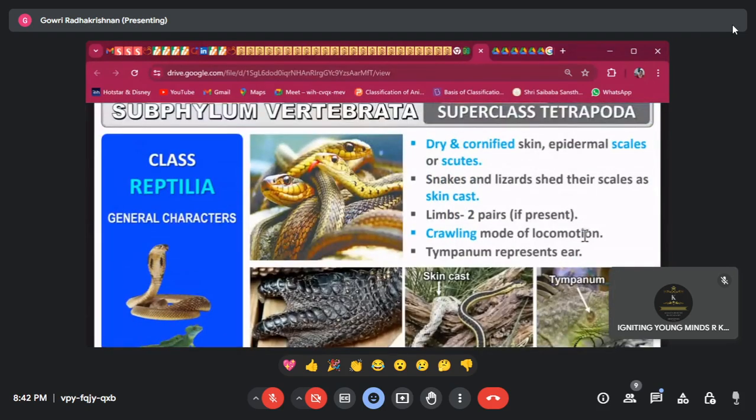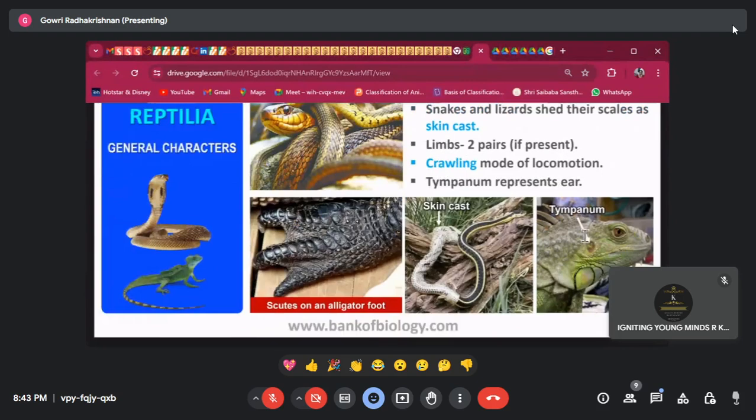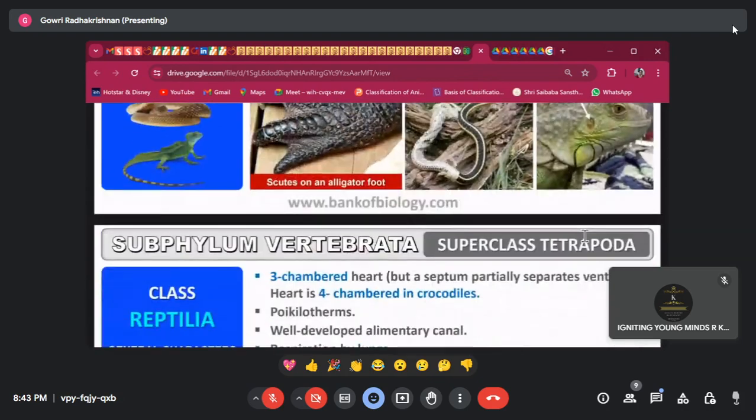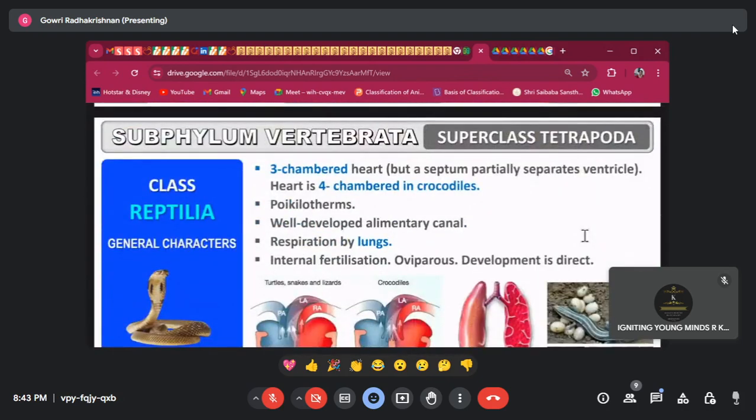Then Reptilia: dry and cornified skin, epidermal scales and scutes. Snakes and lizards shed their scales as skin cast. Limbs 2 pairs if present. Not all of them have limbs. Crawling mode of locomotion. Tympanum represents ears. 3-chambered heart.